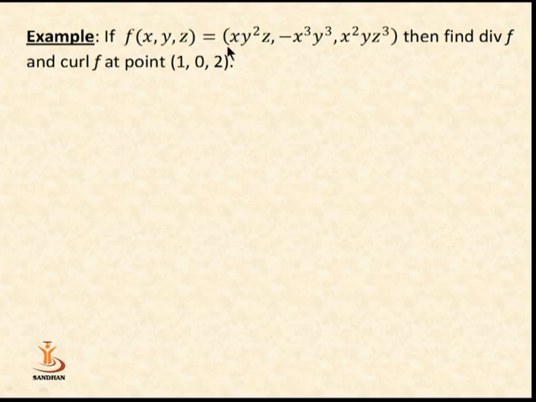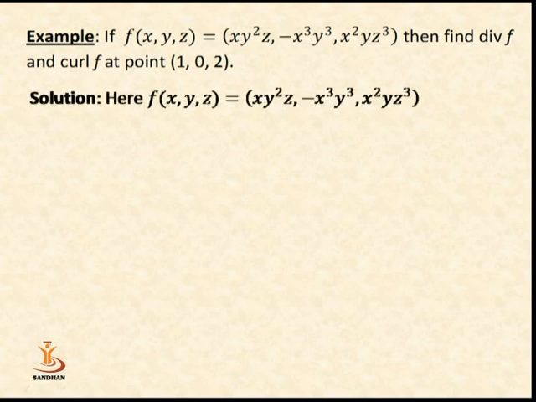So here we cannot find the gradient, we only find divergence f and curl f. First we find divergence f. So here f(x,y,z) is equal to this function. In our definition we called these f1, f2 and f3. Here the function is made by x, y, z components.